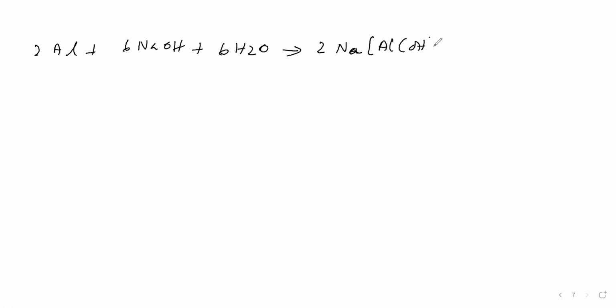Okay. Now aluminum we are taking, sodium hydroxide we are taking, and for balancing, water molecules. Suppose I am taking aluminum in the form of this complex, then hydrogen gas we are getting.